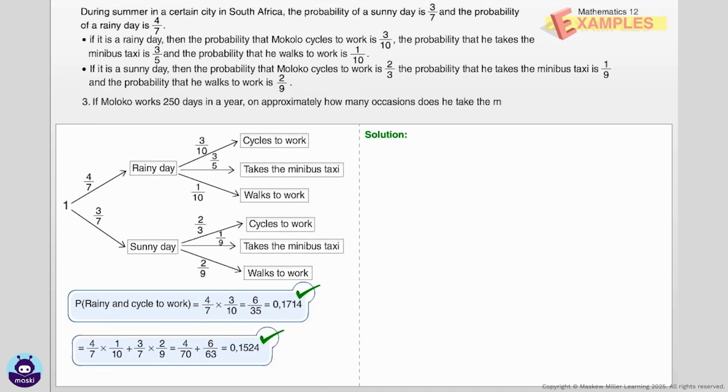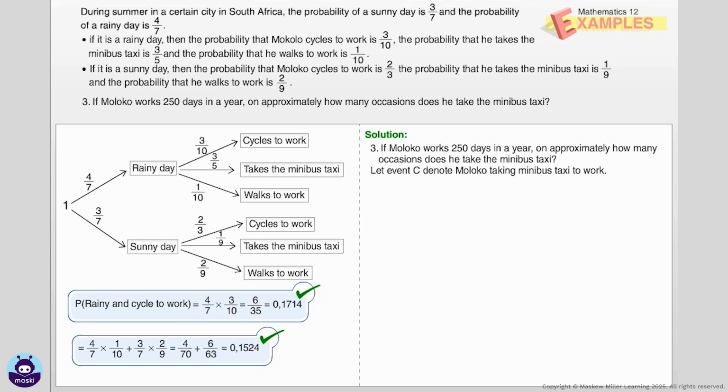If Moloko works 250 days in a year, on approximately how many occasions does he take the minibus taxi? Let event C denote Moloko taking minibus taxi to work. Let event B1 denote a rainy day, and event B2 denote a sunny day.